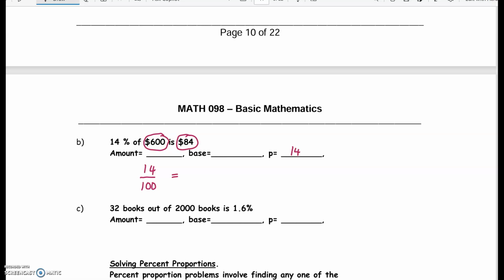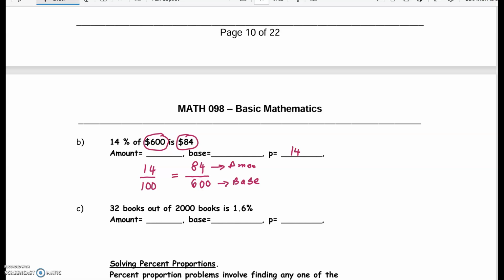So 14% is the same as 84 out of 600. So this is the base or the reference amount. 84 is considered a fraction of the base amount. So this is your base, and this is your amount, and this is your P% on the left.